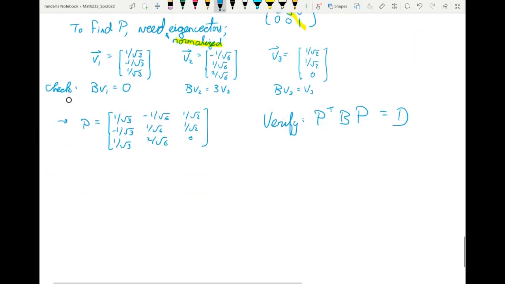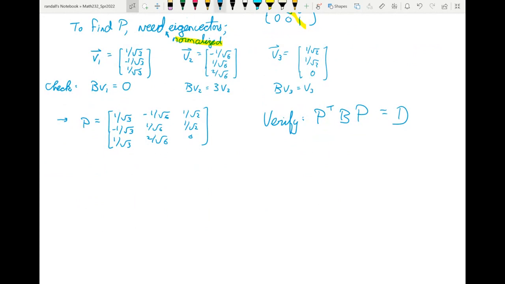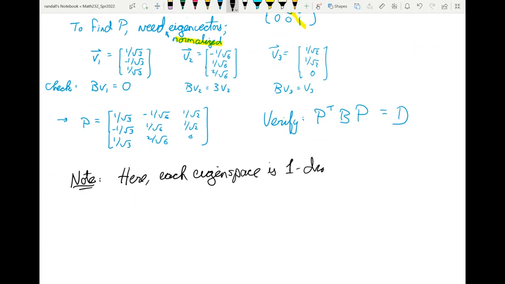Okay. So I want to go back to what I mentioned at the beginning. So a note here. Here, each eigenspace is one-dimensional.